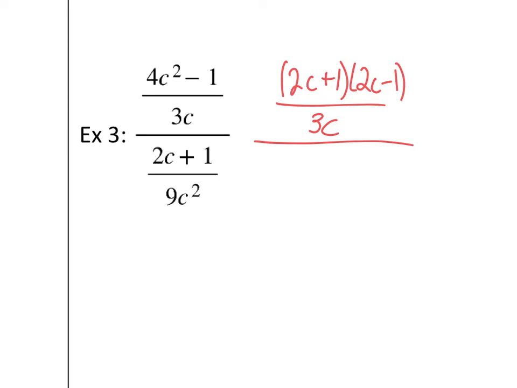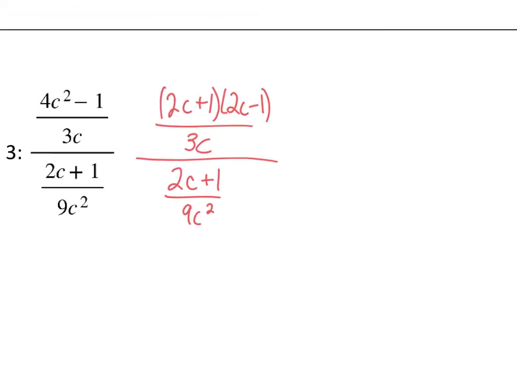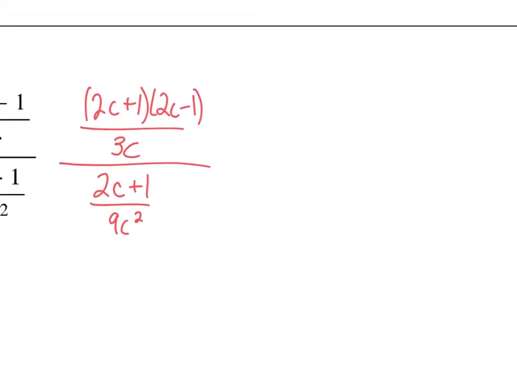Now we'll go to the bottom. Anything I can pull out on the top? Yeah, I could pull out a 1, but I don't really have to do that. And on bottom, no. So now what is my common denominator? 3c and 9c squared, what do they have in common? 9c squared. Good. Divide 9c squared by 3c, and what's going to be left?